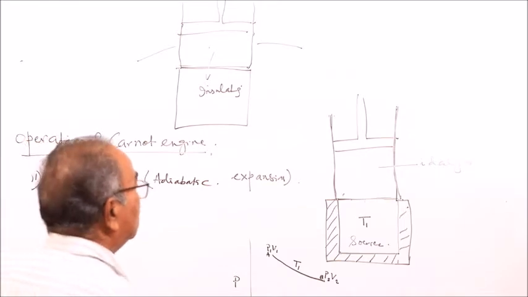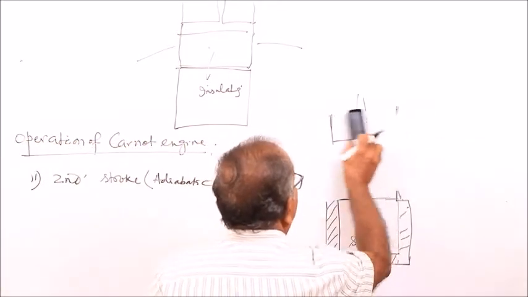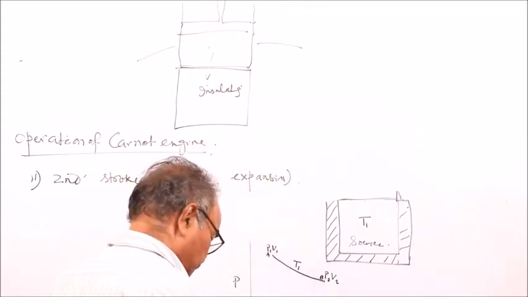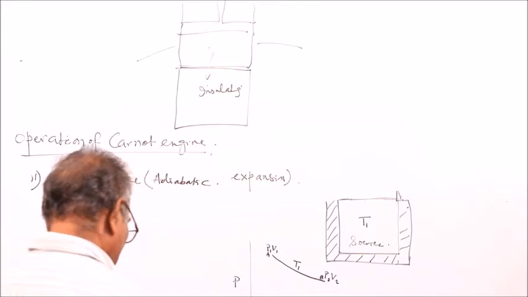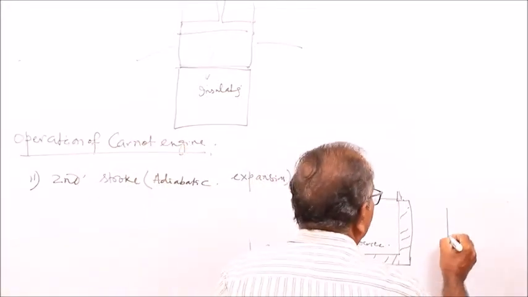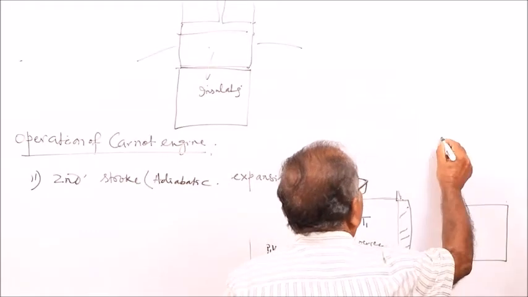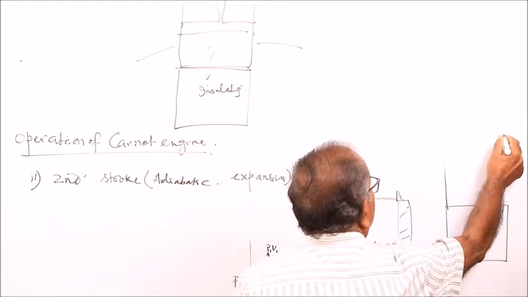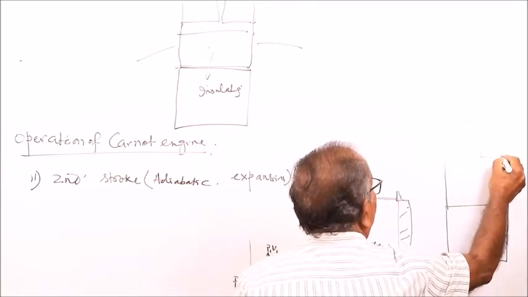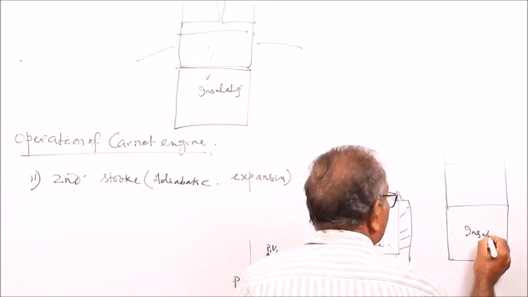Then this cylinder with movable piston is taken away from the source and kept over the insulating stand. This is the second operation.